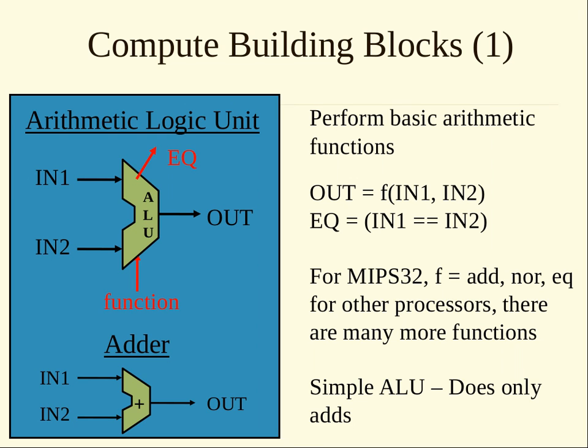ALU is just a representation of some function. So if I had inputs of 23 and 10 and my function was add, my output would be 33. I haven't talked about how it does that. I'm just trying to give you a high-level view of what it does. Because you could also do and.